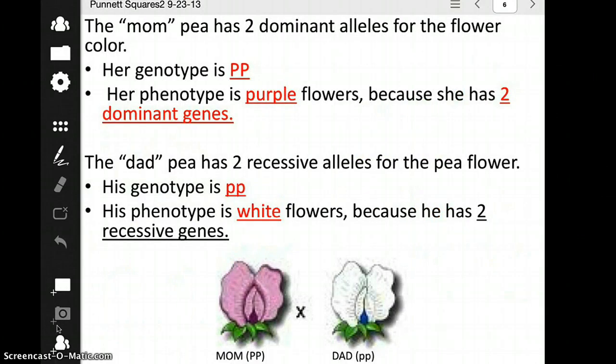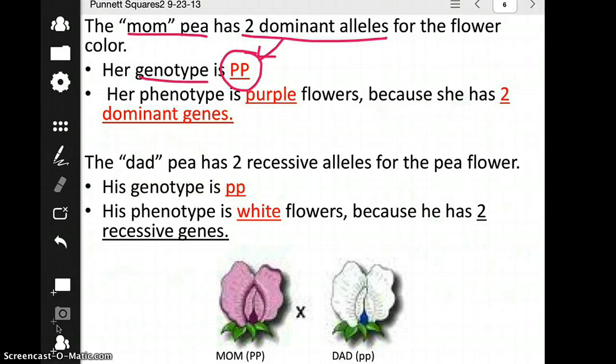Alright, so we're going to assume, okay, that the mom pea has 2 dominant alleles. So look, here's the 2 dominant alleles. This is her genotype, okay? Remember, this is how scientists write genotypes. If it's a dominant allele, it's uppercase. And if it's a recessive allele, it's lowercase. This is review.